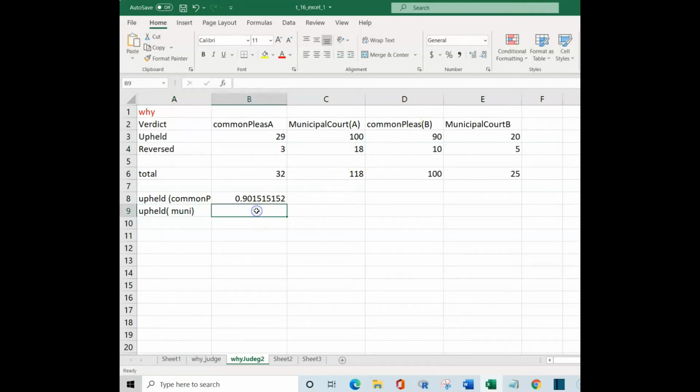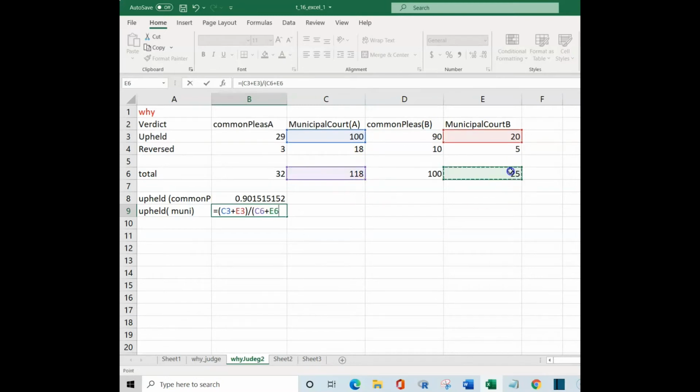Okay, the successful rate, same thing. So this is successful for A plus the successful for B, divided by total. The total is 118 plus 25.